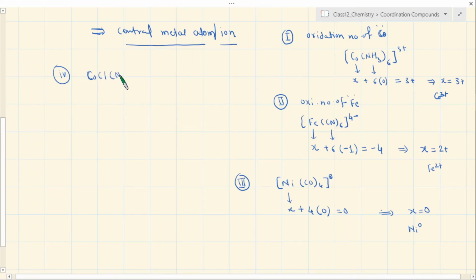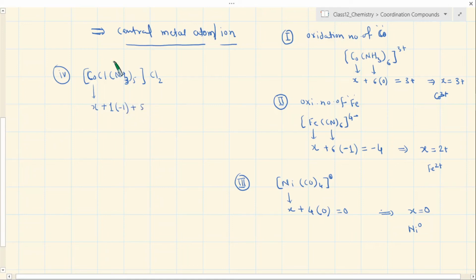[Co(NH3)5Cl]Cl2. Okay. So if you put this one in water, what are you going to get? You are going to get this whole thing as 2 plus, because there are 2 Cl minus which will be released. Therefore, to find out the oxidation number in this particular case, let's say x, there is 1 Cl. Cl is a negative ion, so there is 1 minus.